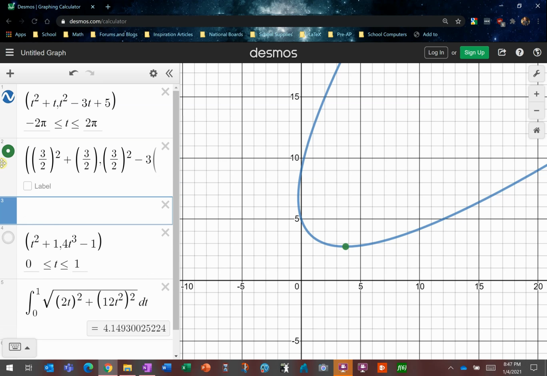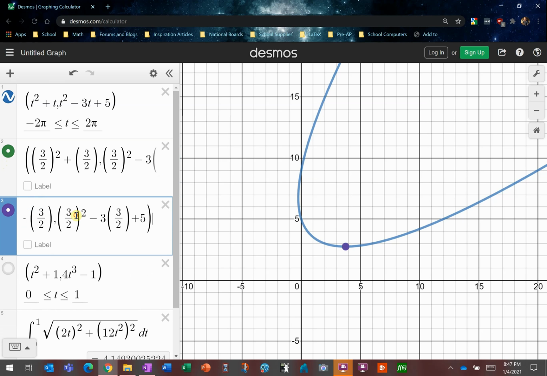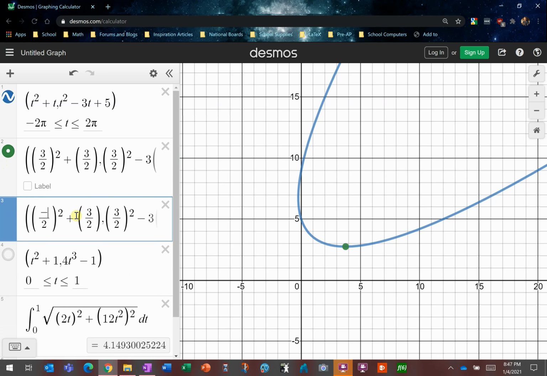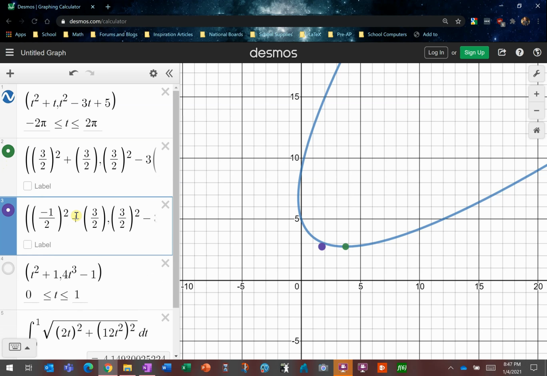Then I'm just going to copy and paste the other, and change this. We're going to use the other one, which was negative 1/2, if you remember. So I'm just going to change all of these to negative 1/2s, and make sure that's in the right spot. Always good to check your work, and of course you can do this on your calculator. Look at that. It looks to me like that point is perfectly on a vertical point of tangency.